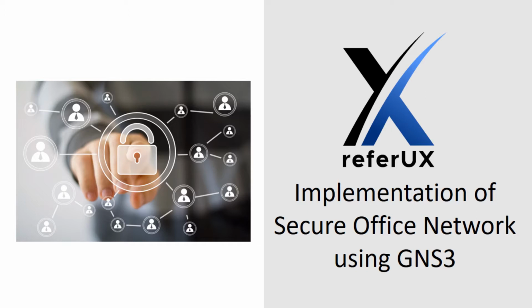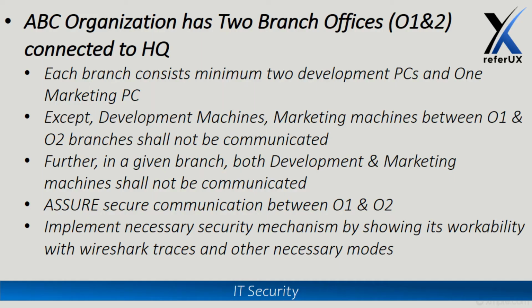Today, let's see this given problem for a common scenario where an organization called ABC, a random organization, has two branch offices other than HQ. Branch offices denoted as O1 and O2, and this organization has the below-mentioned security requirements.